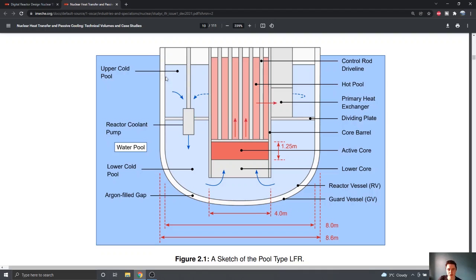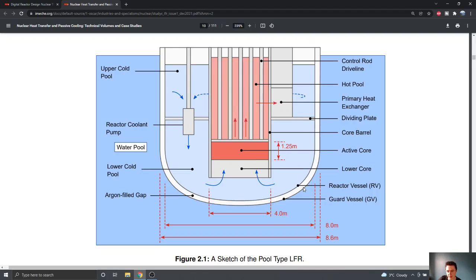And what have we got around this core component of the reactor? Well, the entire thing is contained in a shell, which we're calling here the reactor vessel. So this is a large metallic shell that contains all of the primary circuit fluid within it.